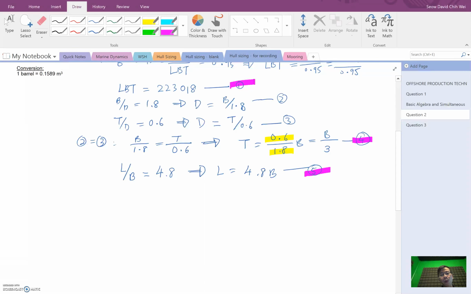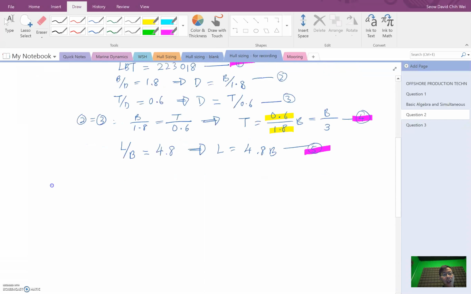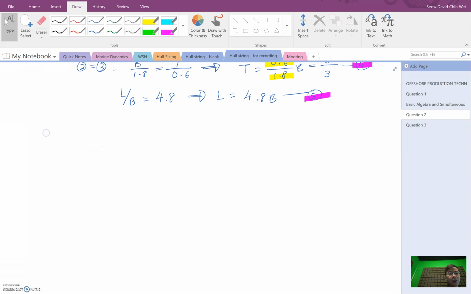So basically I substitute 5 and 4 into 1, I remove L and T, and I'm left with B. So I'll solve for B first. So let's do this. So substitute 4 and 5 into 1.